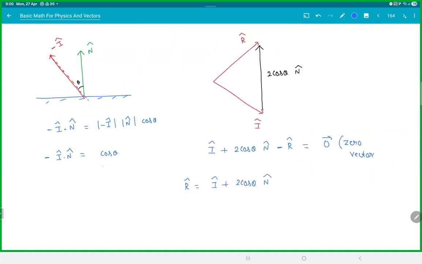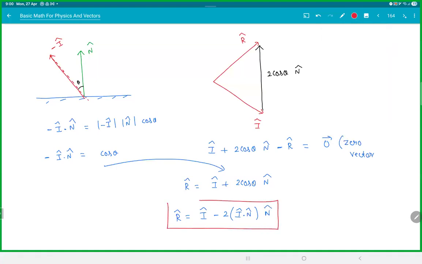Now bring this cos theta here and substitute here. You end up with r cap is equal to I cap minus 2, cos theta replaced by I cap dot n cap, into n cap. There. This is the relation between them.